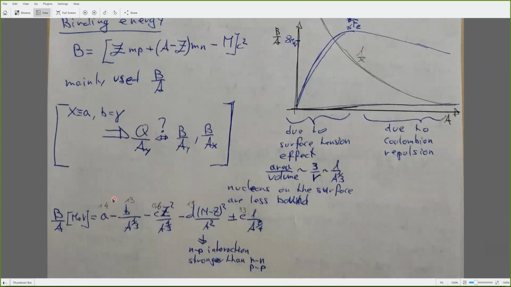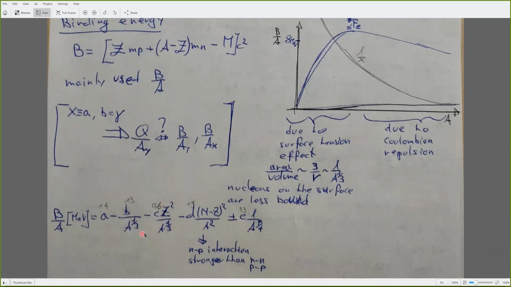There is a volume term with corrections for the surface tension, and mainly what we are more interested in, the Coulomb repulsion.